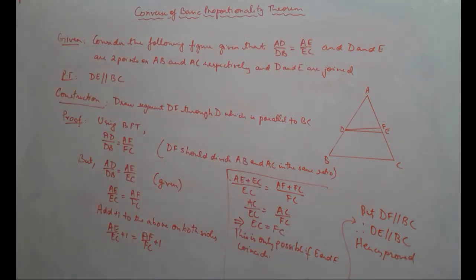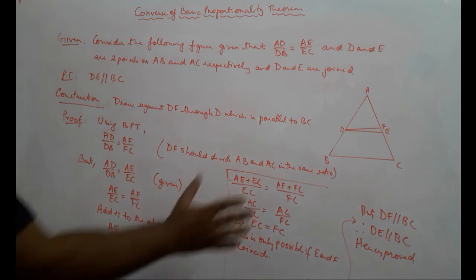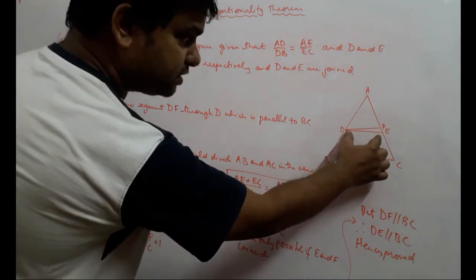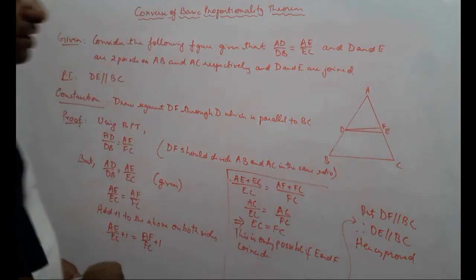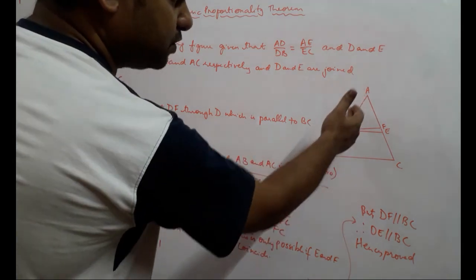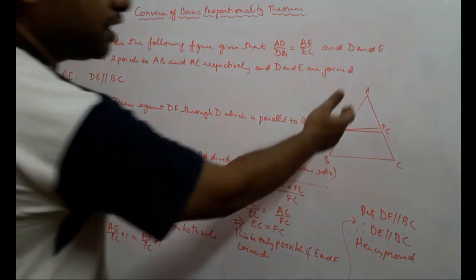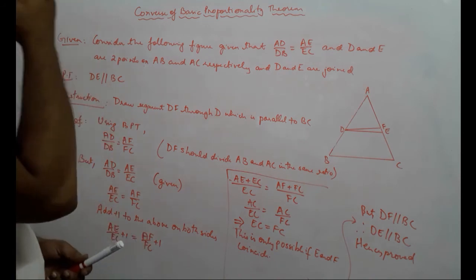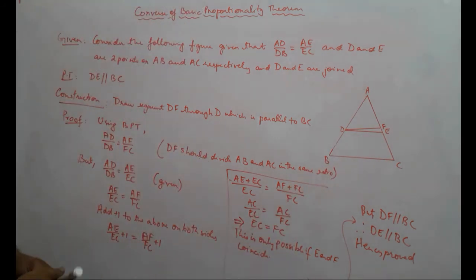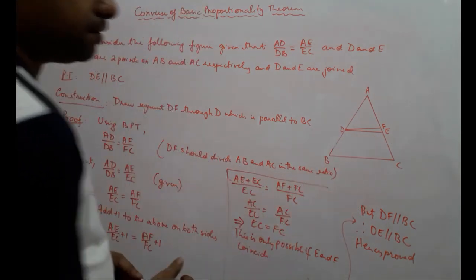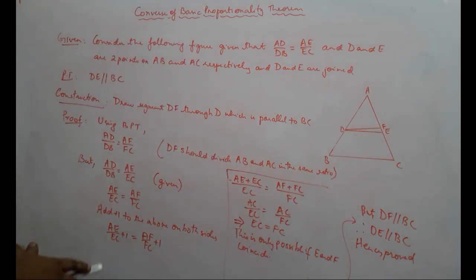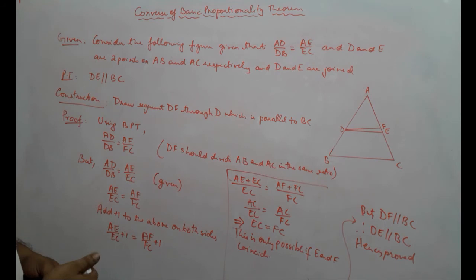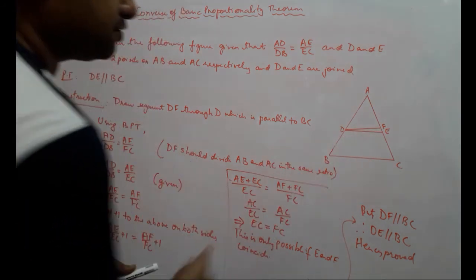So in this theorem, what did we want to achieve first? We wanted to show that these two lines are parallel when the sides of the triangle are divided in the same ratio. That was the converse of BPT. To begin with, we were not given that DE is parallel to BC, so we assumed that they are not parallel, but we constructed DF, which by construction we assumed is parallel to BC.